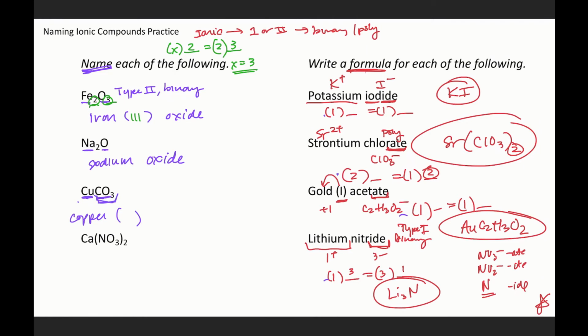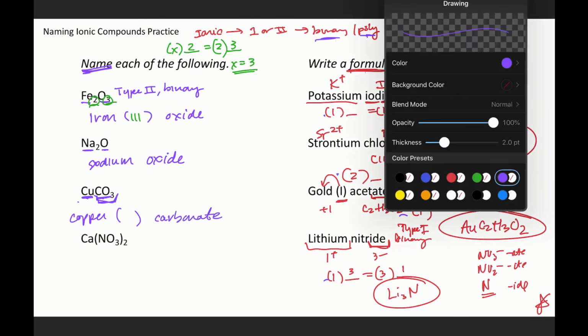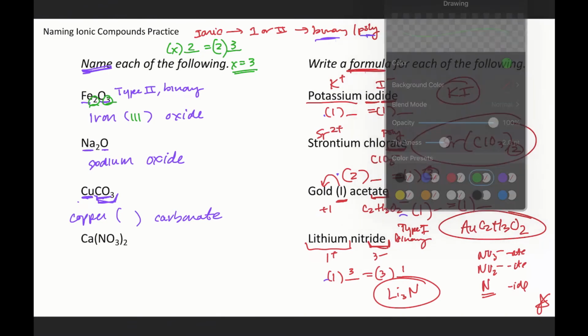And full name of this: your options are only binary or polyatomic ion. If I have this CO3, I'm not going to come up with something creative like carbon trioxygen. No. CO3 must be a polyatomic ion, so we would go look that up if we haven't memorized it already. It is carbonate.